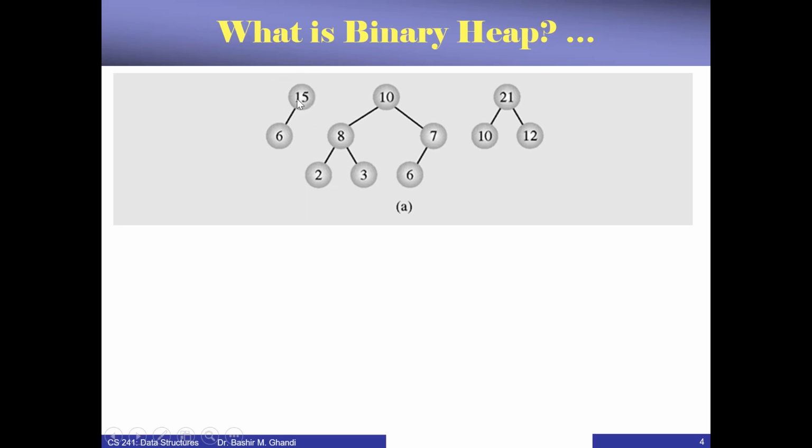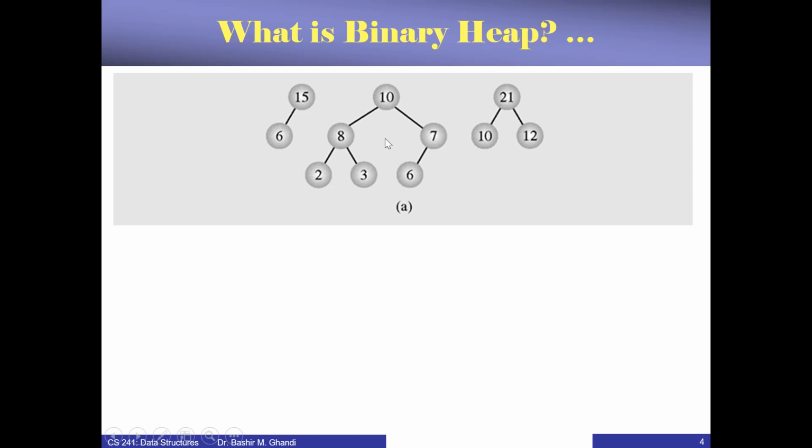Here the first level is full, the second level is not full, but the existing elements are to the left. So this is a complete tree. The same thing here, levels 1 and 2 are full, only the last level is not full, and the existing elements are to the left. So it is also a complete tree. And similarly here, both levels are filled, so it is a complete tree. So in all three cases, property number 1 is satisfied.